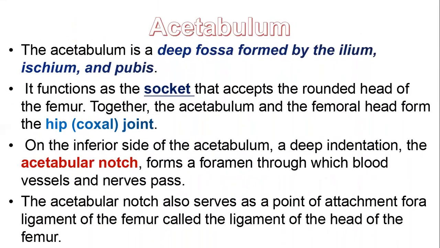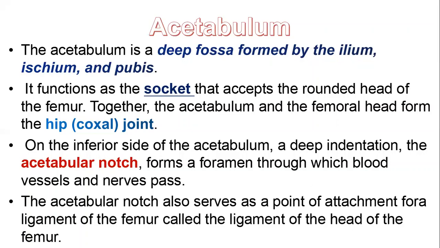So let's now consider a specific structure, the acetabulum. The acetabulum is a deep fossa formed by the ilium, ischium, and pubis. So let's just say the fossa formed by the three bones. Its function is as a socket that accepts the round head of the femur.